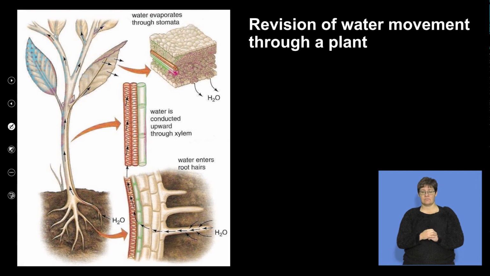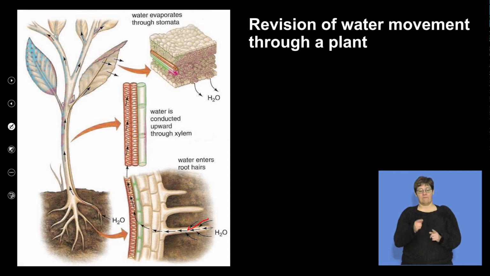The different tissues involved are water entering the root hairs here, going through the cortex, into the xylem, being pushed up by root pressure, being kept together by capillarity, and ending up inside the xylem vessels in the root.